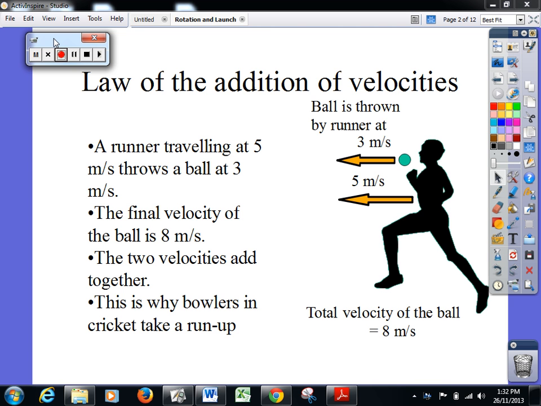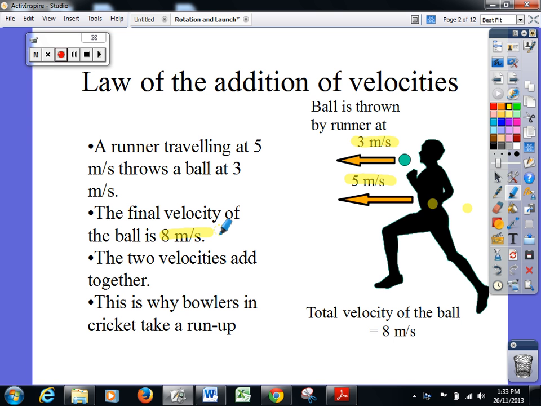If we have a runner here, and that runner is running at 5 meters per second, and that runner holds a ball in her hand, then the ball is already travelling at 5 meters per second. If we then throw the ball further forward at 3, then the ball would not be just travelling at 5, but it becomes 5 plus 3, and the ball travels forward at 8.